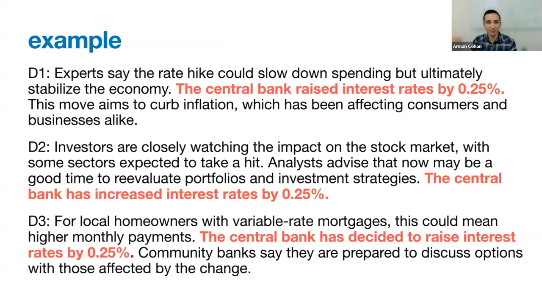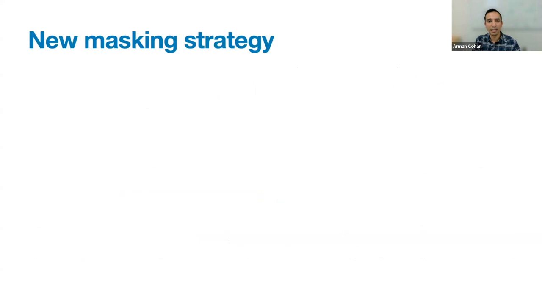There's lots of text here. I don't expect you to read all of it, but just looking at the highlighted ones, you can see that the strategy of masking using centrality will select this sentence, which results in this sentence completely being masked, and then you cannot recover it anymore because it's an exact match.